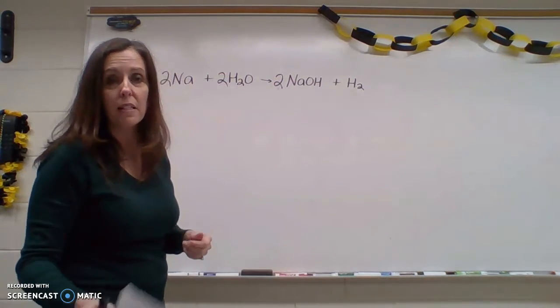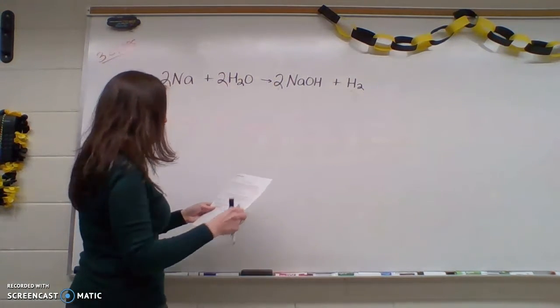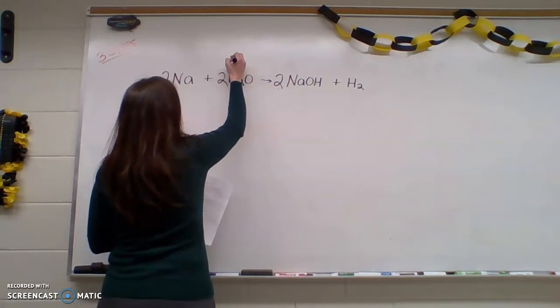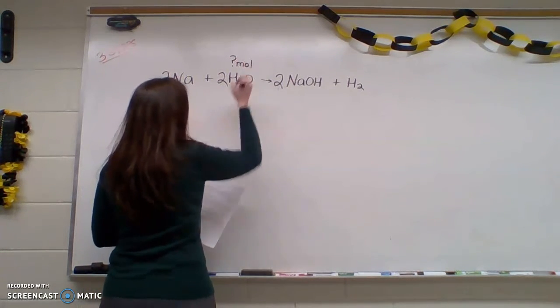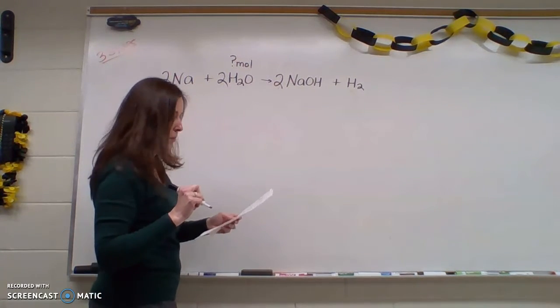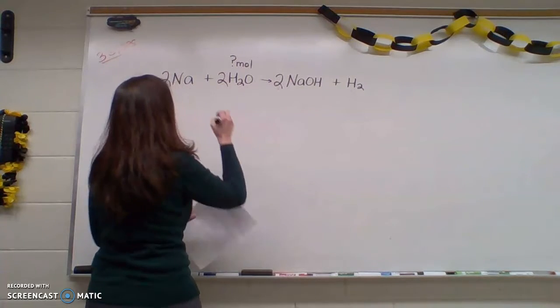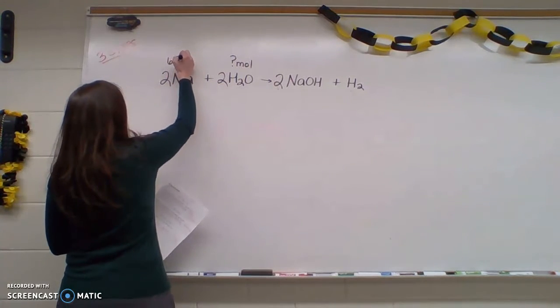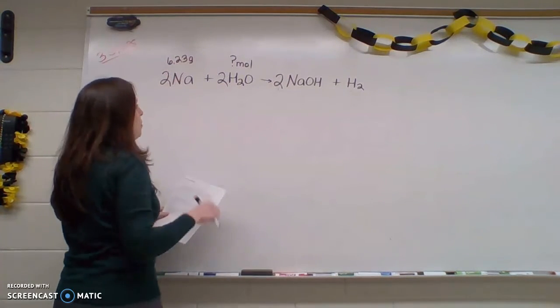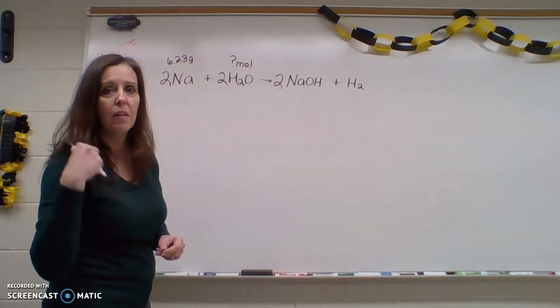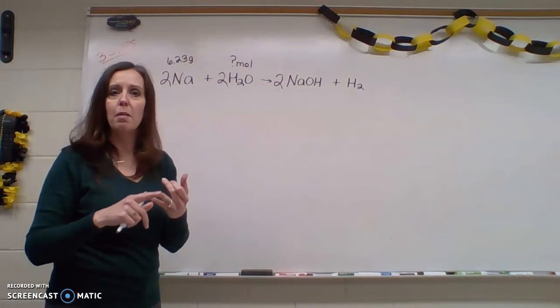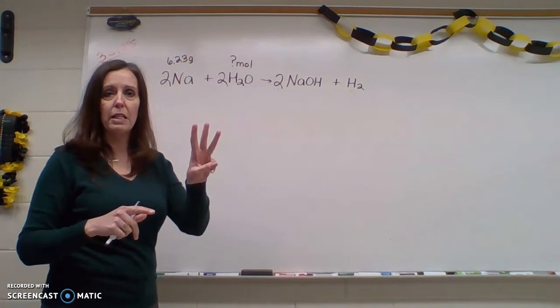Now, when I read this example 6, it says how many moles of water are needed to react with 6.23 grams of sodium. So right above water, I put question mark moles. Okay? So I see grams, I see moles. I know right away 3 steps.